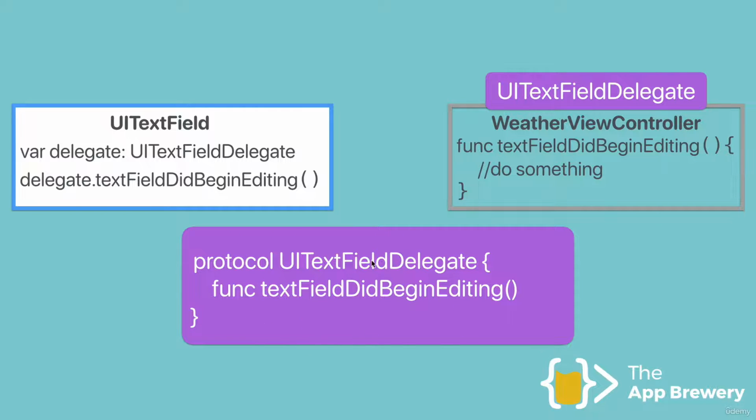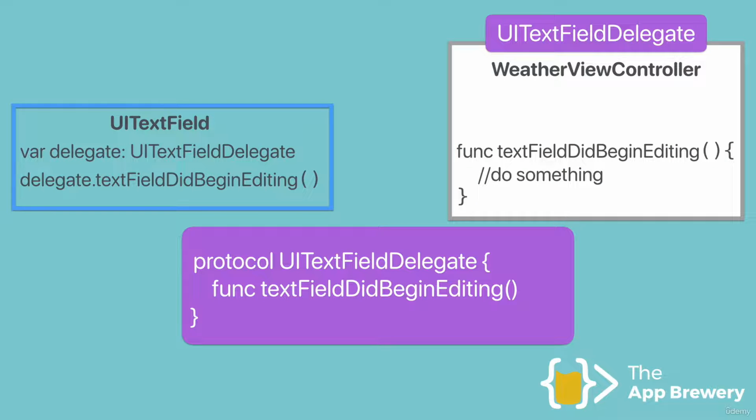And this protocol has the requirement of implementing this method, textFieldDidBeginEditing. So therefore, it could call delegate.textFieldDidBeginEditing, not knowing what class it is, what it inherits from, what it does, who it is, what its identity is. It knows it can do this because it knows that it has to be of this data type.